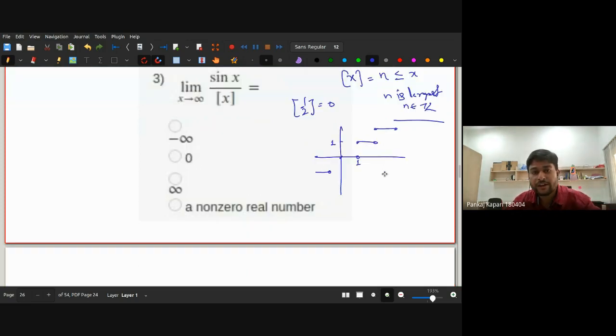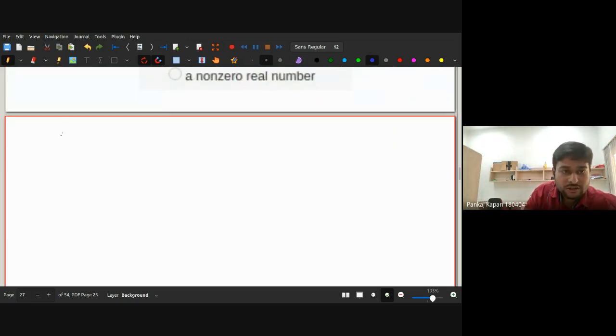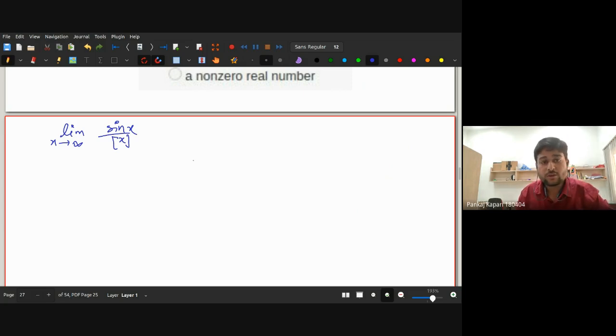We have to find the limit of this function, sin x divided by box of x, when x tends to infinity. We will again use the sandwich theorem.